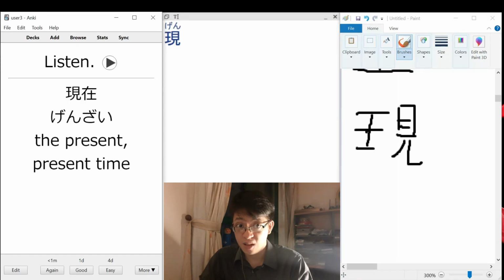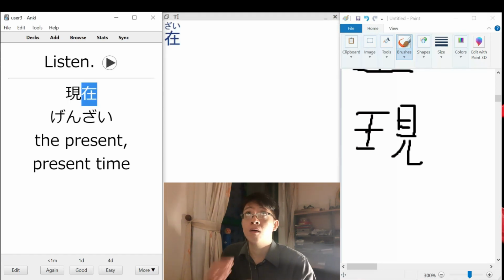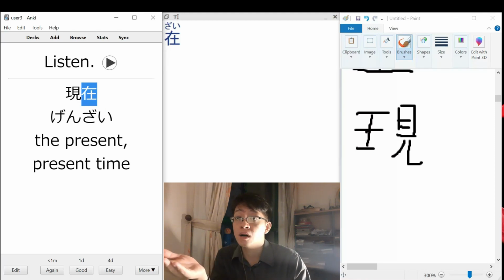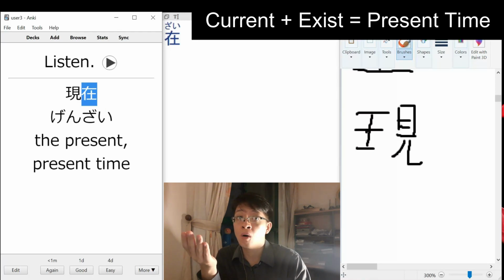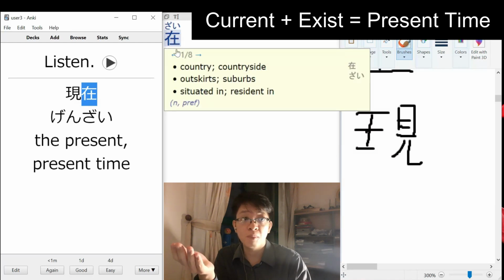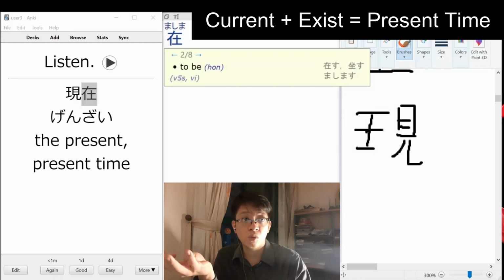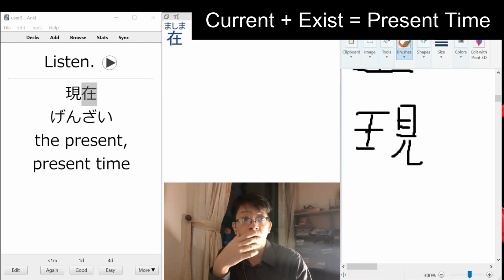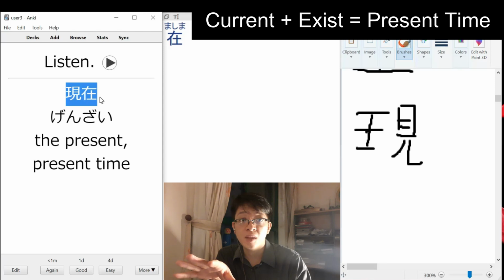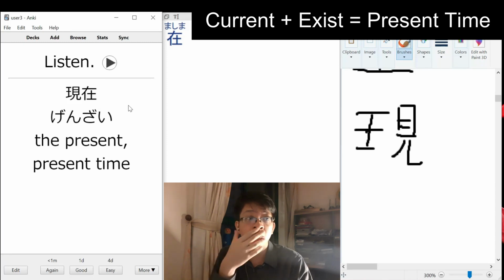Yeah, and this one means exist, on the suburb, the countryside. Yeah, so like there's two layers of meaning here: country or to exist. I guess in this meaning it's a lot more like to exist, right? So to exist in present time, to be present in the moment.